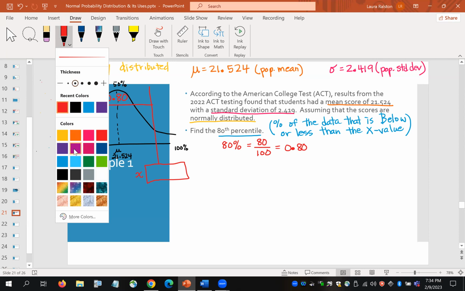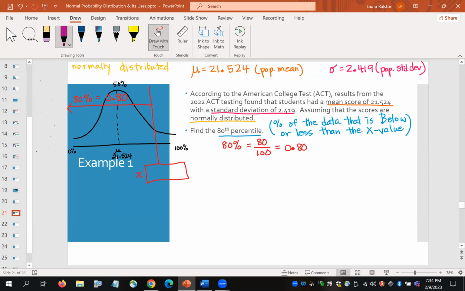In Minitab, this particular type of problem is called a specified probability. This time I know the probability or the percentage. I do not know the X. So the commands are a little bit different and the keystrokes are on slide 20. But I'm going out to Minitab.